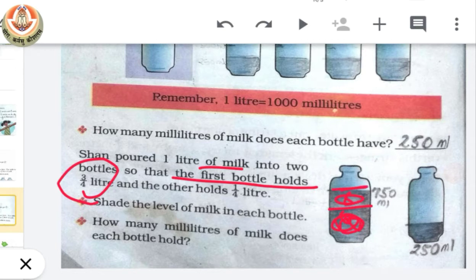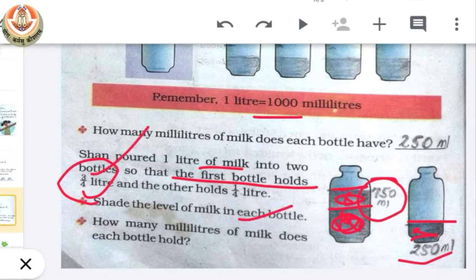And the other bottle will hold only 1 by 4th. Now we all know that 1 by 4th of a liter means 250 ml. Now out of 1000 ml, when we subtract 250 ml, we will have 750 ml as 3 by 4th of a liter.